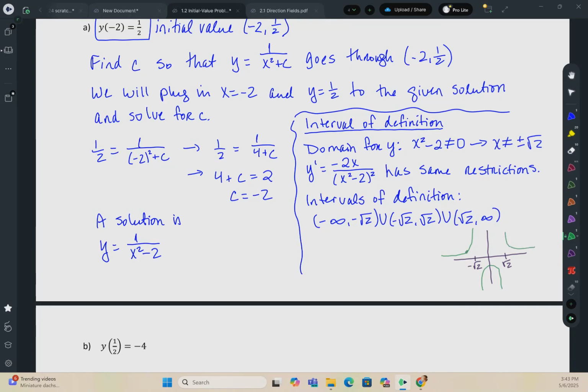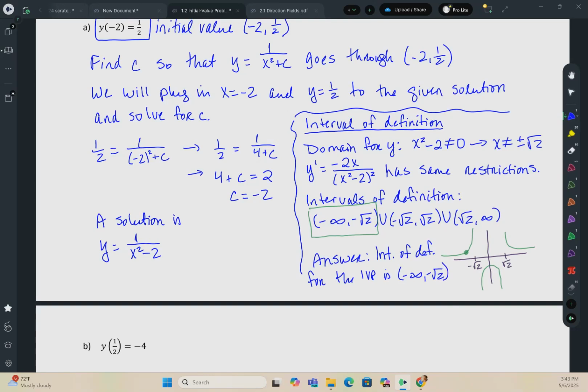And the -2 with 1/2 was right there on that leftmost corner. So we want just the interval from negative infinity to negative square root of 2. So our answer is that the interval of definition for the IVP is negative infinity to negative square root of 2.